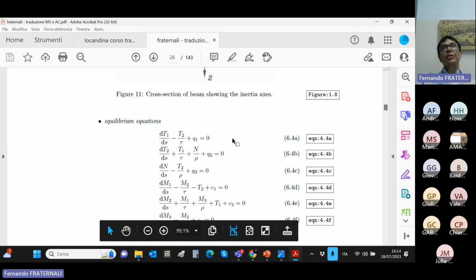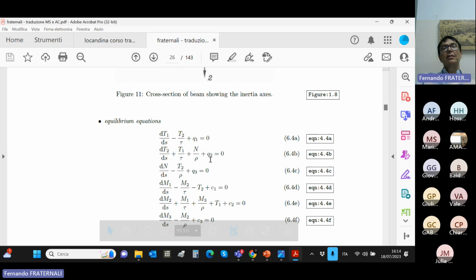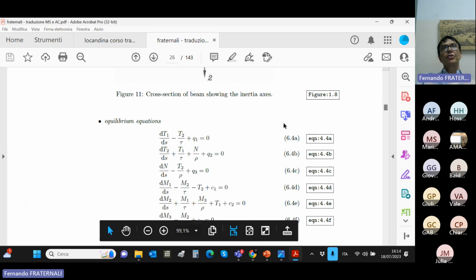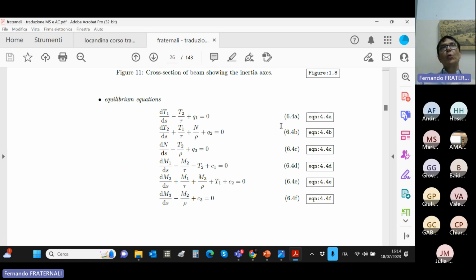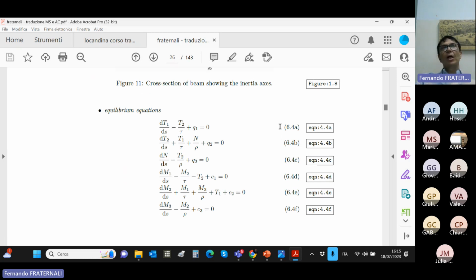Now we are using the more engineering notation, in which the components of nu and mu are named T1, T2, and N instead of nu1, nu2, and nu3. And also for the components of mu, we have M1, M2, and M3. And these are the same equations that we have seen before in engineering notation.